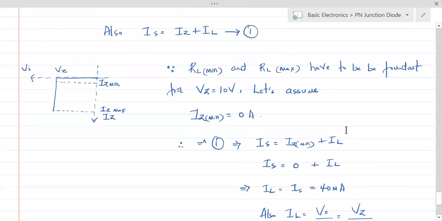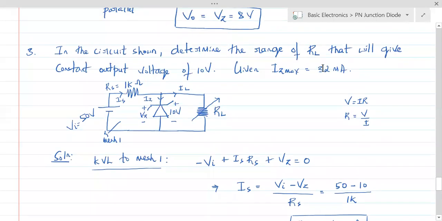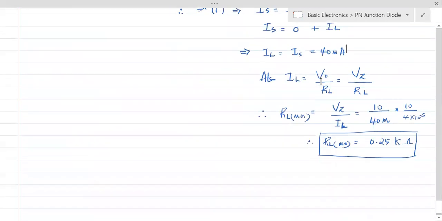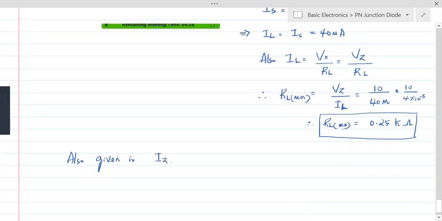And they have given IZ max. See here in the problem itself, they have given IZ max to be 32 milli. So when they have given this, we can easily find out RL max. Understand that? Also given is IZ max equal to 32 milliamps.